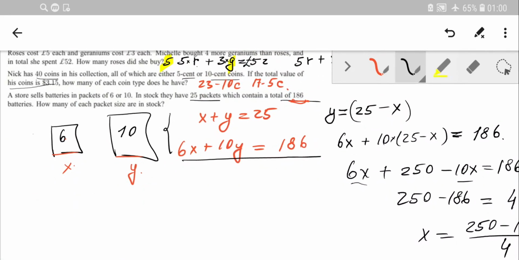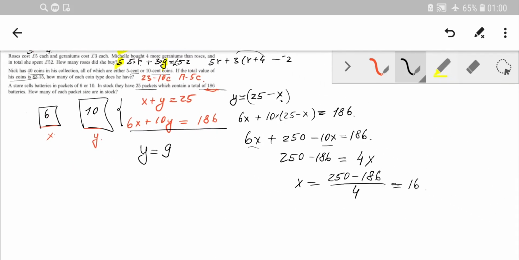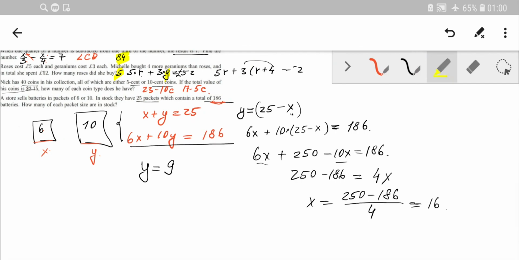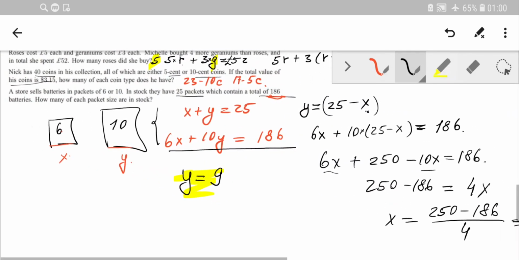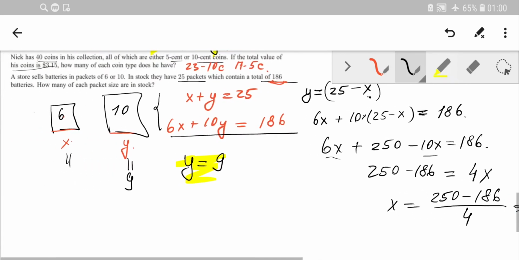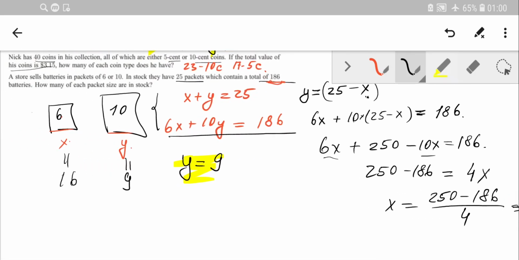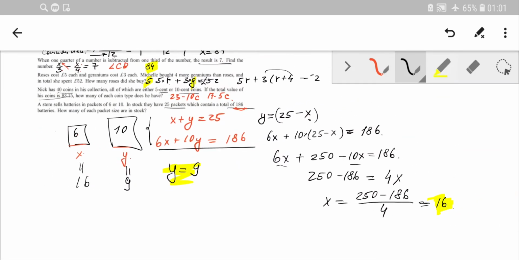And in order to find y, you just need to put 16 here. 25 minus 16, you will get 9. That stays for y. So basically we have x equals 16 and y equals 9 in this last task. So y equals 9 and x equals 16, and hence we solved everything.